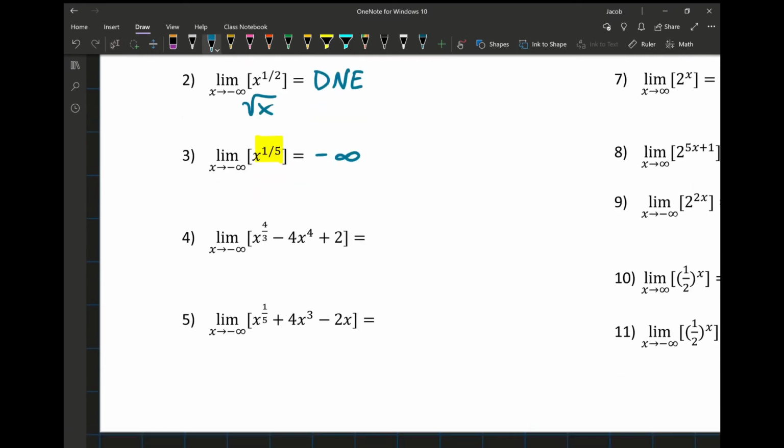So 2 and 3 were easy enough, but 4 and 5 have multiple terms in their polynomial. While we've learned some new information about radicals, which we do have some radical degrees here, we need to respect the largest degree still. So we have to respect the largest degree in our polynomial.